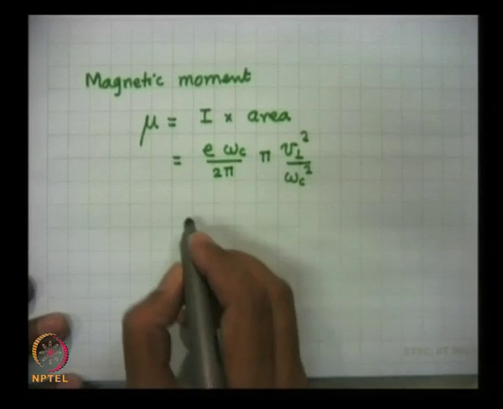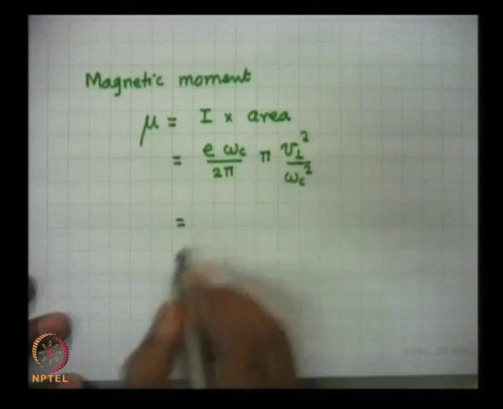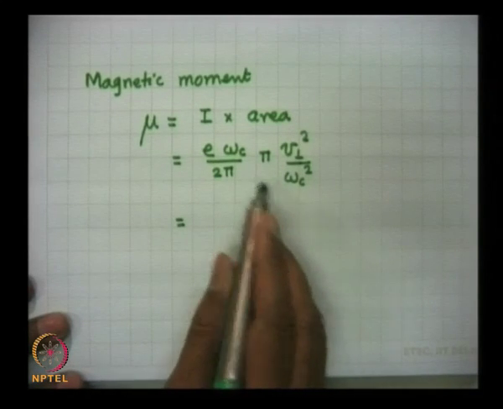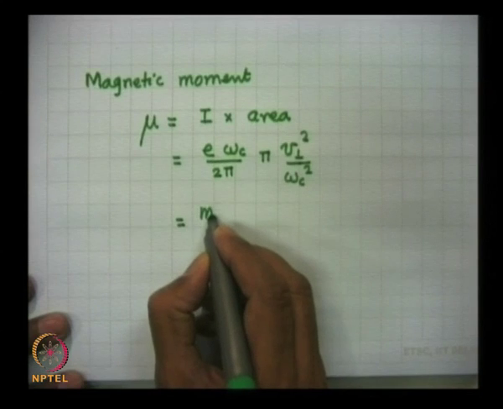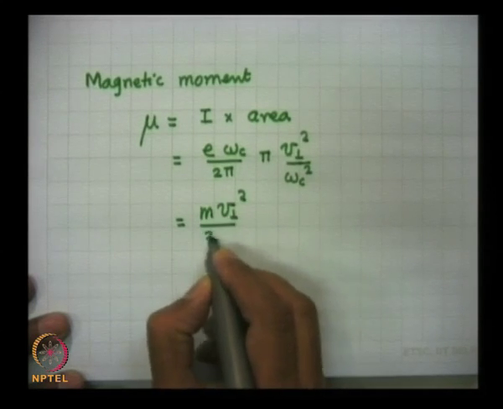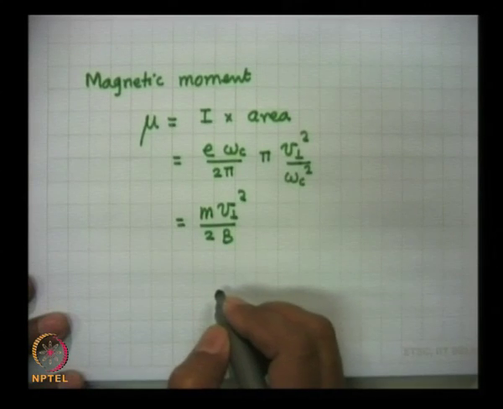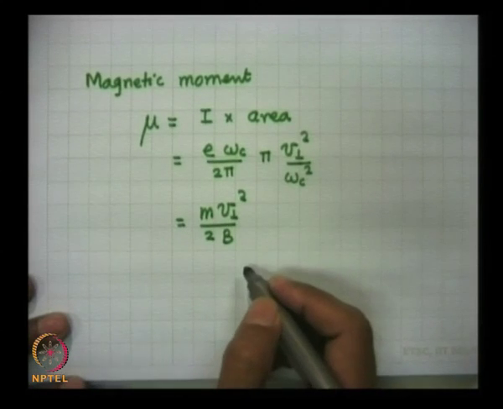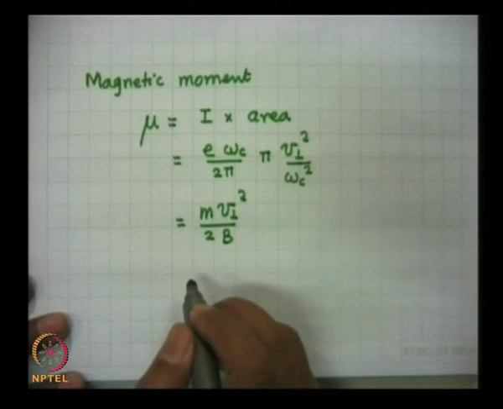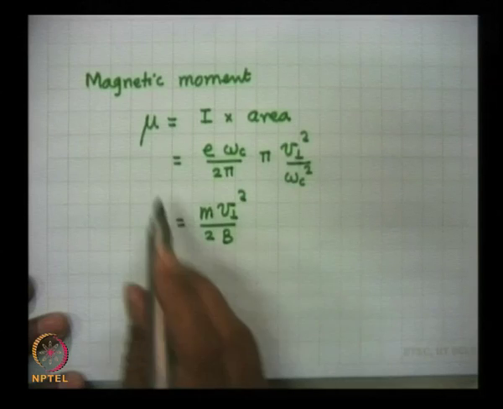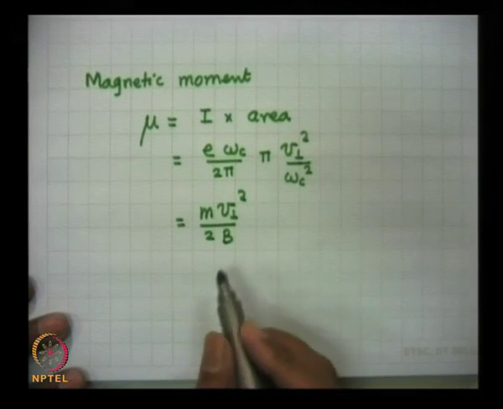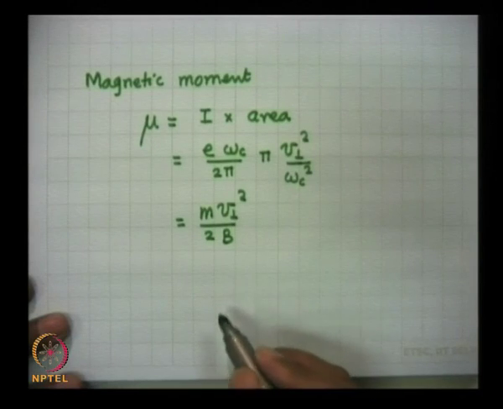If you cancel out these quantities, one omega c will cancel out, pi will cancel out, and the remaining omega c is eB upon m. It turns out to be equal to m v perp squared upon twice B. This is an important quantity, and we would like to learn about the nature of mu as the particle moves from the center of the machine towards the throat. Does it change or does it remain constant?